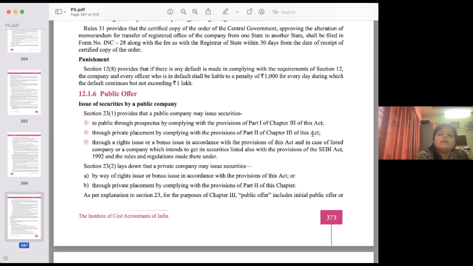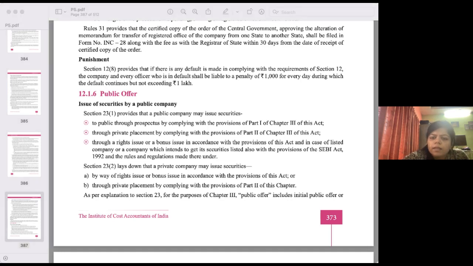Whenever you as a company decide to make a public offer, the whole procedure is mentioned in the Issue of Capital and Disclosure Requirements regulations.